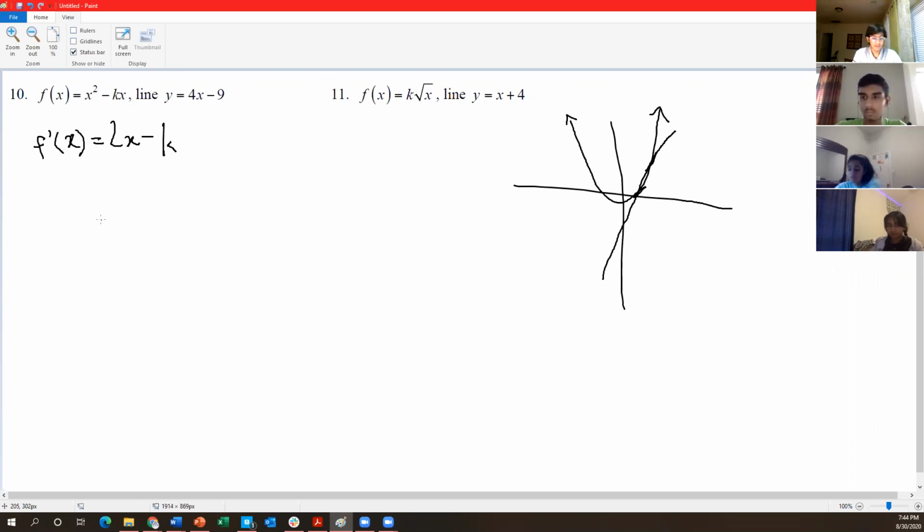Now what you have to think about is the slope at this point, because the slope of this line is m equals 4, meaning that whatever points we're looking at, the slope of this line, m equals 4, has to be equal to the derivative, because derivative is slope, right? So 4 equals 2x minus k.